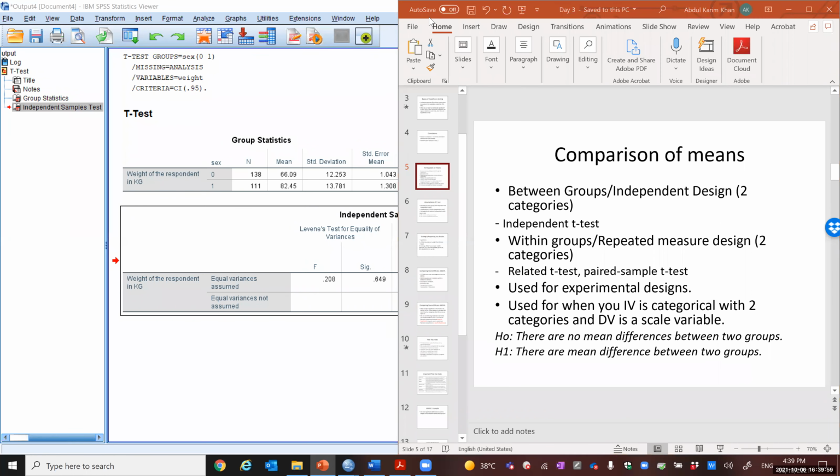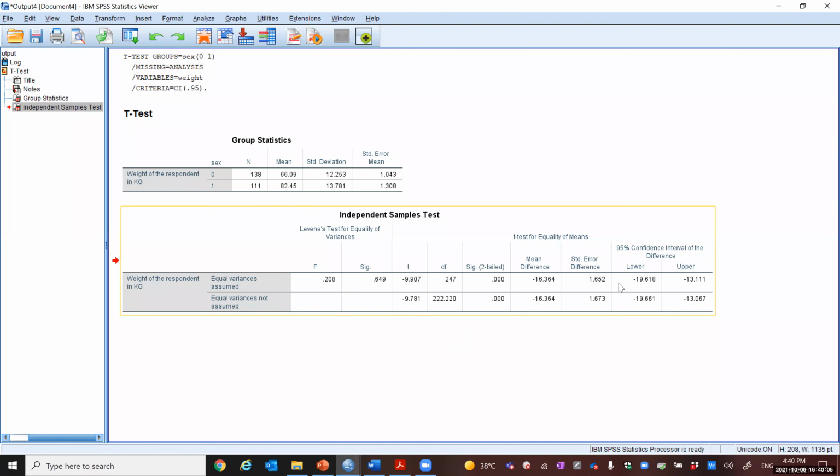Now the p-value of this t statistic is 0.000, which is less than 0.05. In this case, we are going to accept the alternate hypothesis, which says that there are mean differences across two groups. Right?